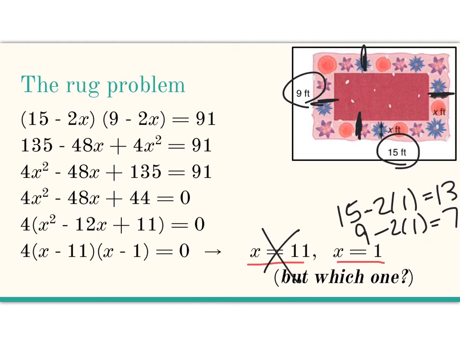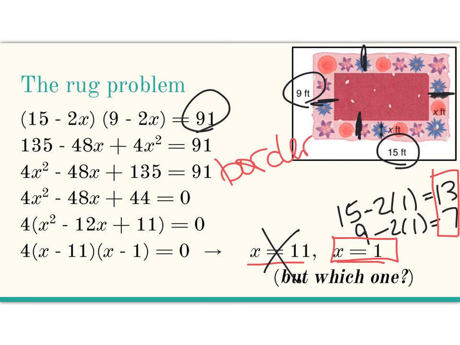At the beginning, we said that the raspberry field had an area of 91. So if we took the 13 and the 7 and we multiplied them together, would we get 91? Sure would. So our answer is x equals 1, that this rug has a border of 1 foot.